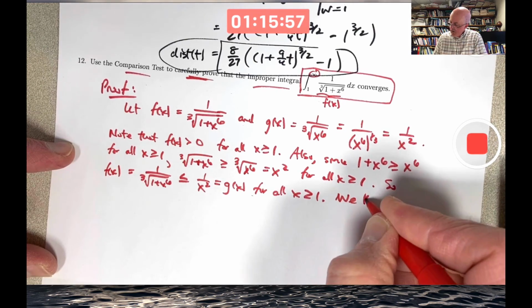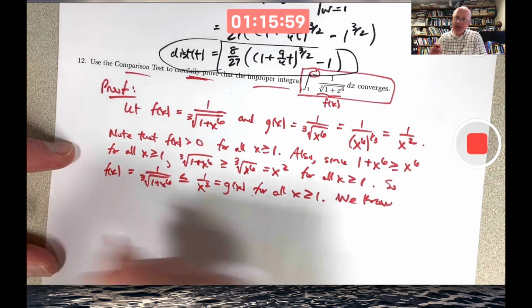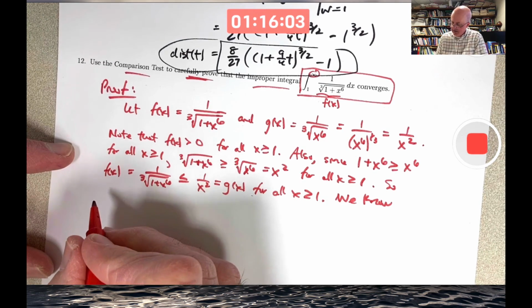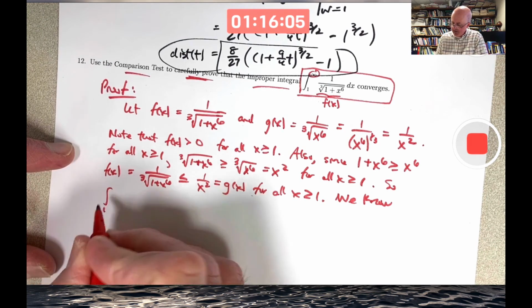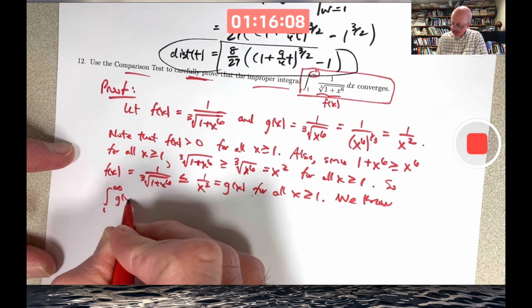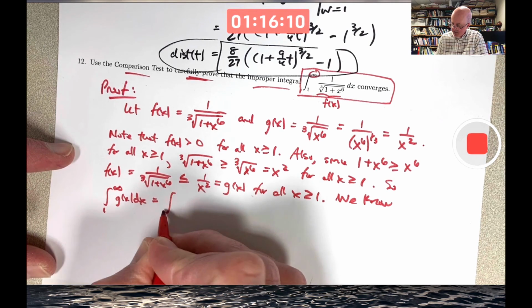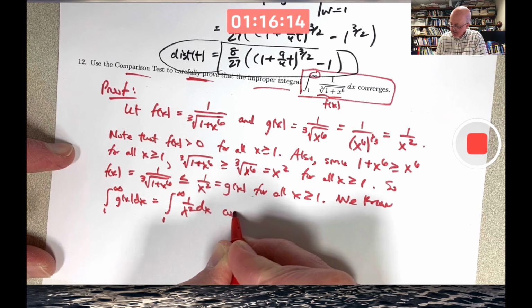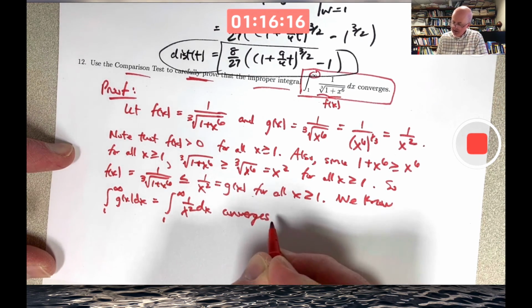We know, by now I'm saying if you're doing this kind of thing, you should know this, or your professor should tell you, you can use this, that the improper integral from 1 to infinity of g of x, which is the improper integral from 1 to infinity of 1 over x squared, converges. That's a known fact that people commonly use in this kind of proof.